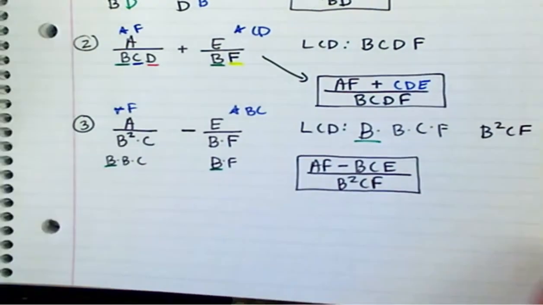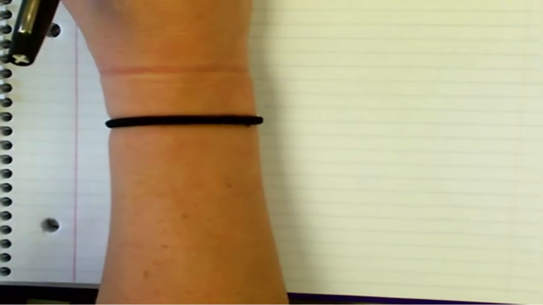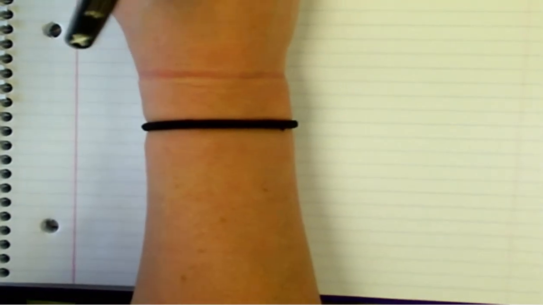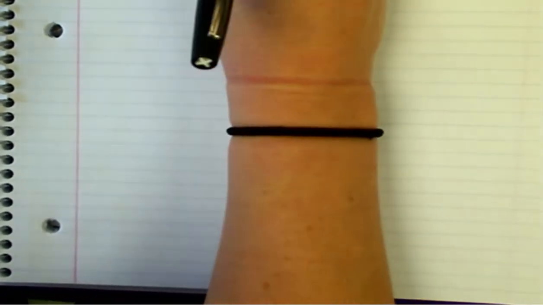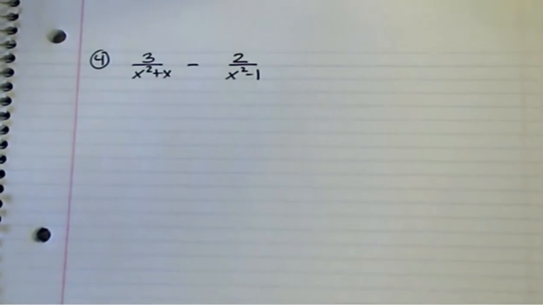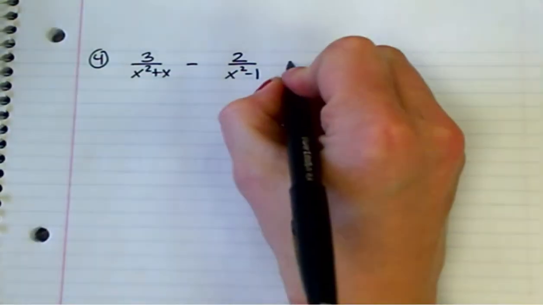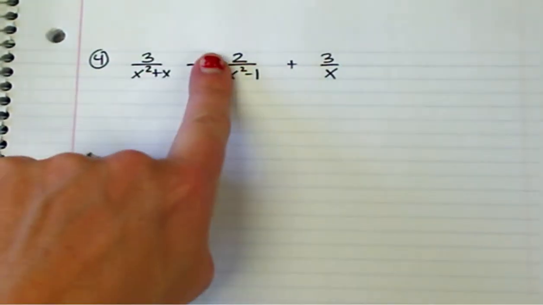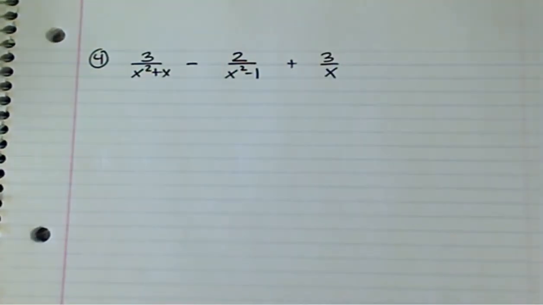Okay, number 4: 3 over x squared plus x, minus 2 over x squared minus 1, plus 3 over x. I suggest leaving some space between them so that you don't have to keep rewriting the problem.